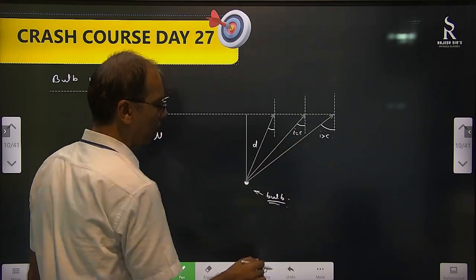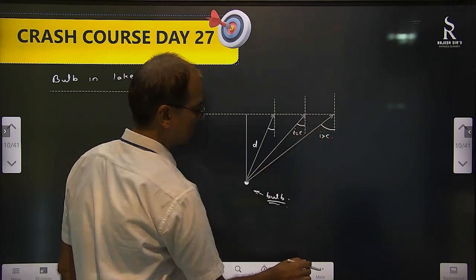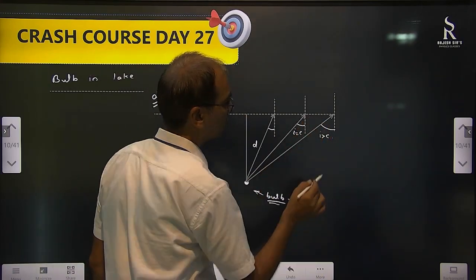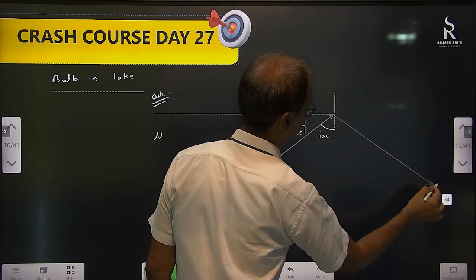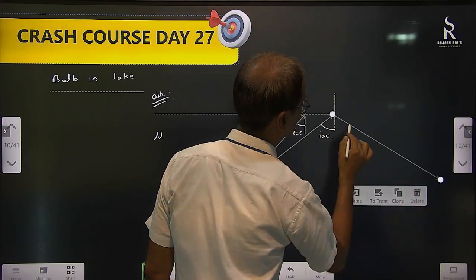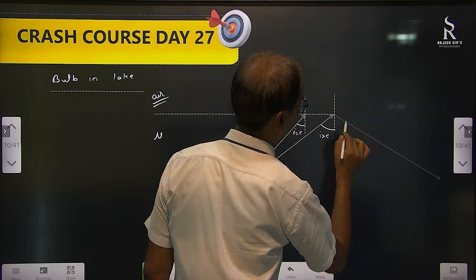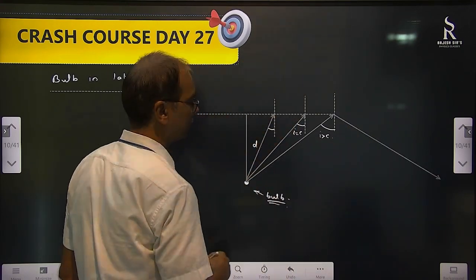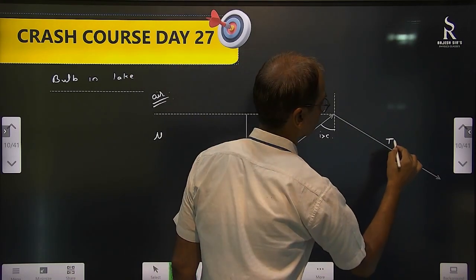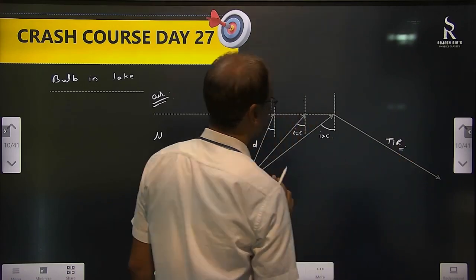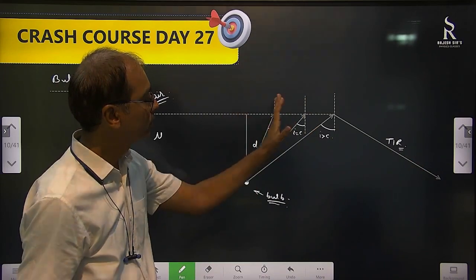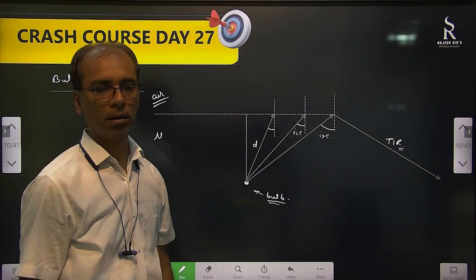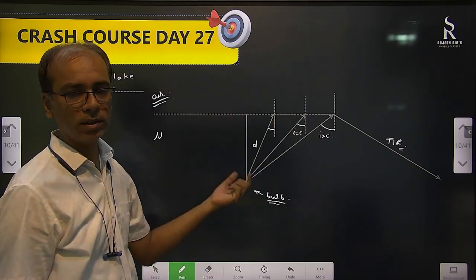So what will happen? Will this light go out? Answer is no, it will not go out, it will return back. It will be going like this. So this is TIR. Which light is going to move out? The one which is making less than the critical angle. This is the surface of the lake, this is the bulb.